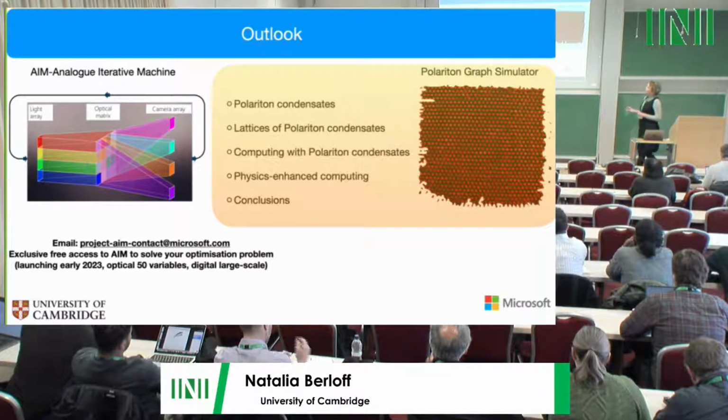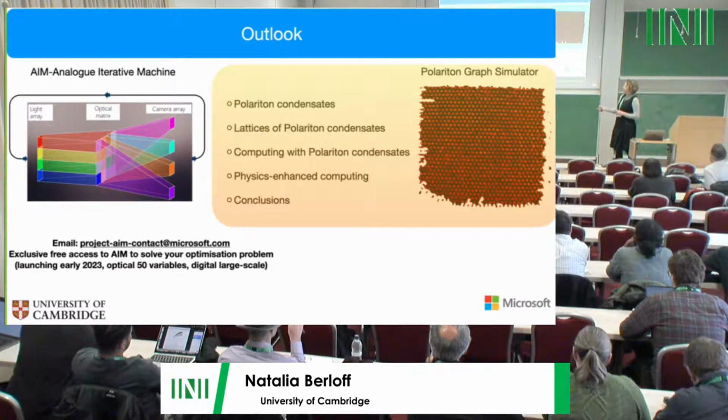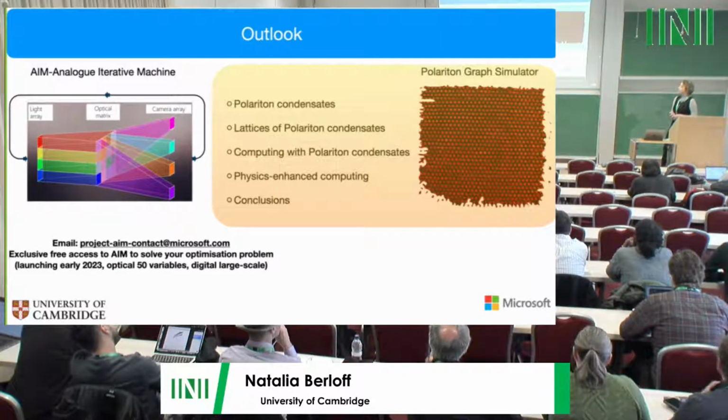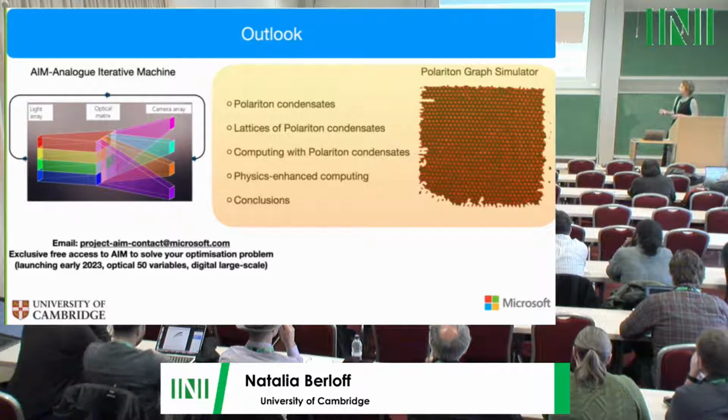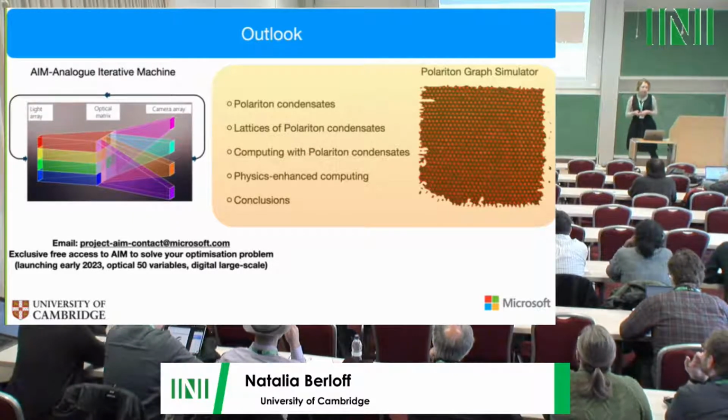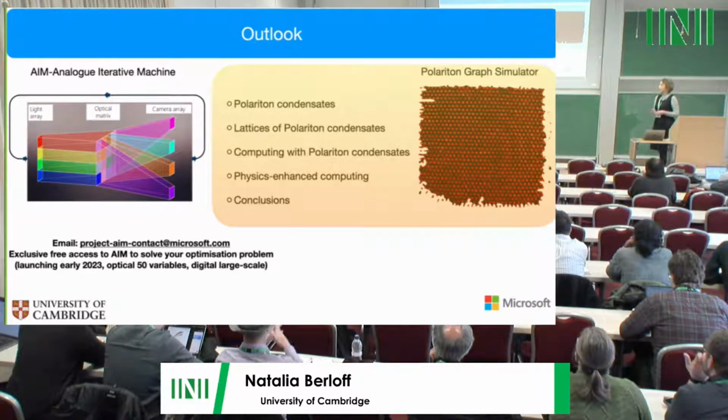But I would like to bring to your attention the actual computer that is about to be built and become publicly available. This is from our collaboration with Microsoft, where we implemented the principles of what I'm going to talk about in actual optical hardware, complemented with a digital large-scale simulator that uses these principles.